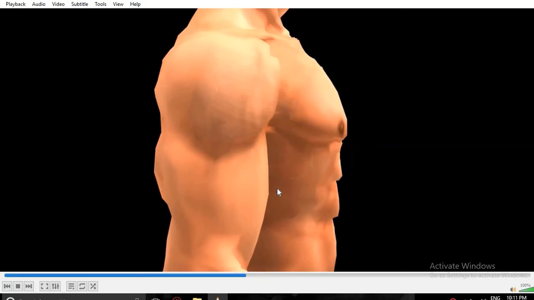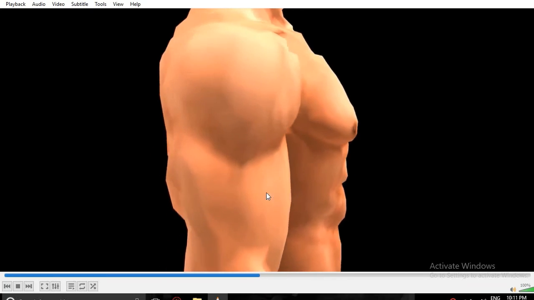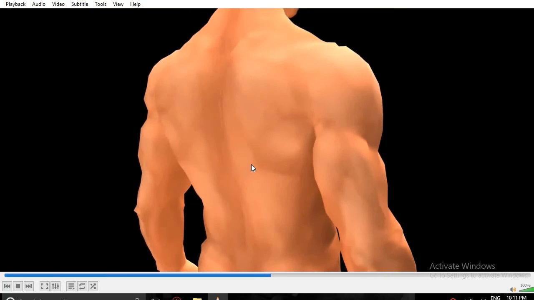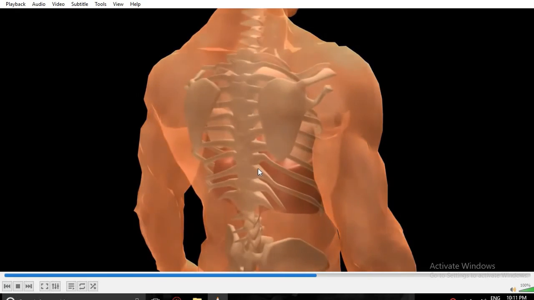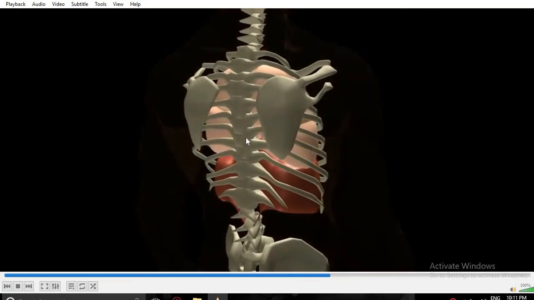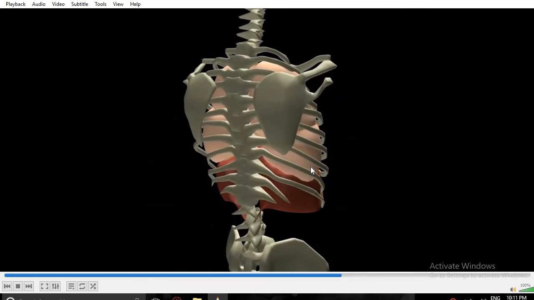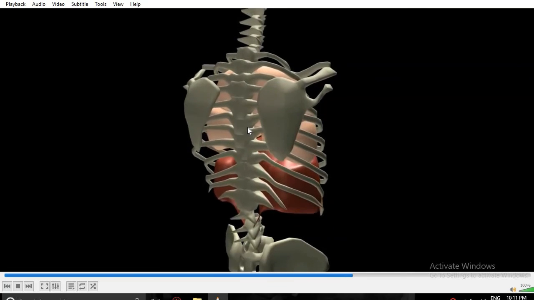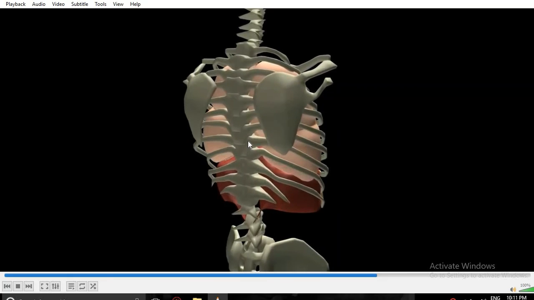Again we can observe from the back side. See here, continuously the movement of the diaphragm controls the size of the thoracic cavity. It gets maximized during inhalation, it gets minimized during exhalation.